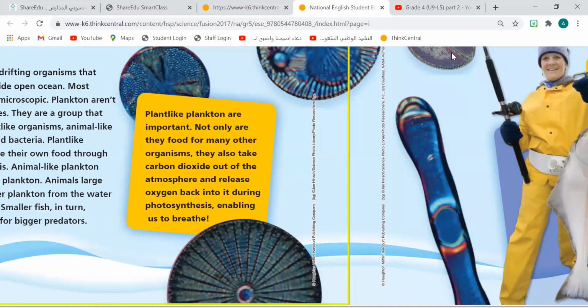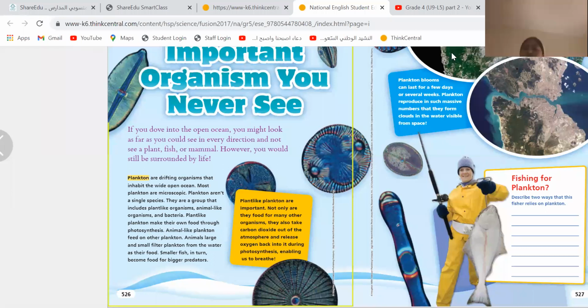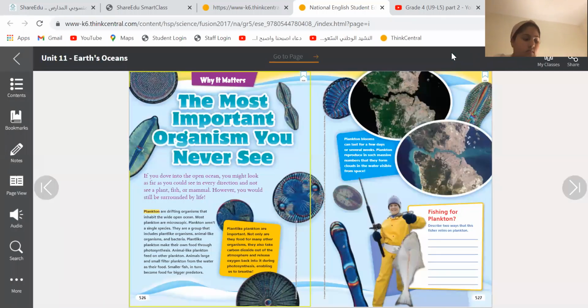What do they take out of the atmosphere? Carbon dioxide. And what do they release? Oxygen, just like who? Just like plants.